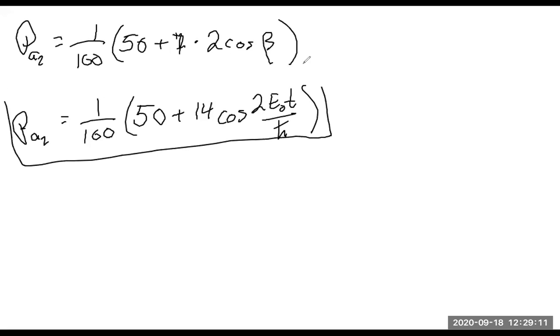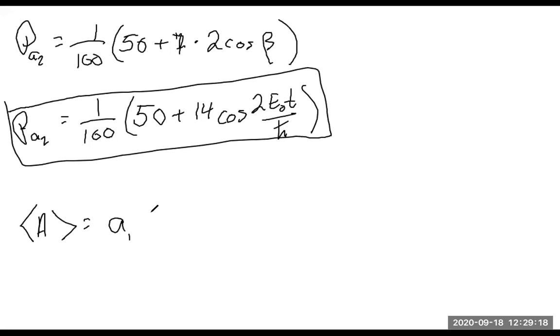And so now we have all the pieces to find the expectation value of A. The expectation value of A is A1 times the probability of measuring A1 plus A2 times the probability of measuring A2. So it's a weighted average.